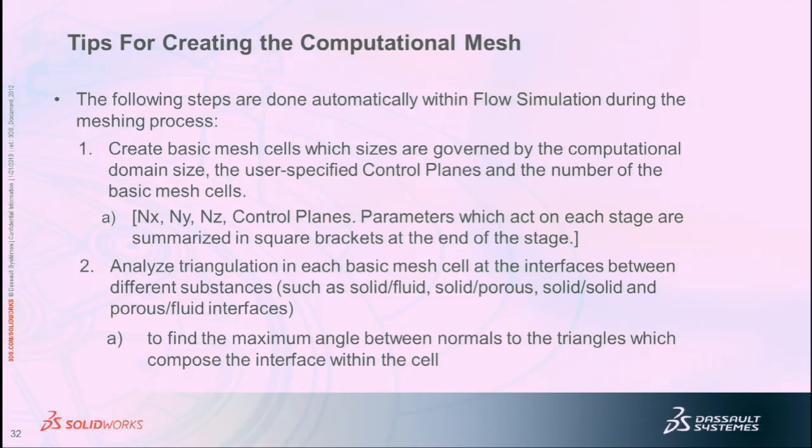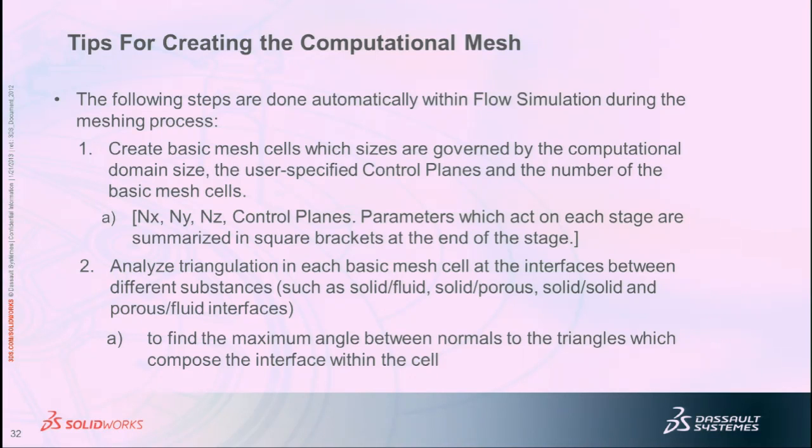So first, the program creates this basic mesh with sizes that are governed by the computational domain, the control planes, and a number of base cells. So depending on, in your general settings command, the default is level 3, initial mesh command. When you open up the initial mesh, Flow Simulation initial mesh, 3, 4, 5, you see the numbers that increase there.